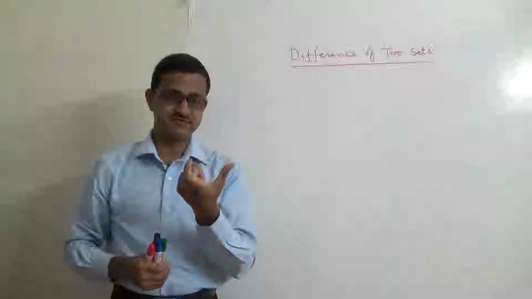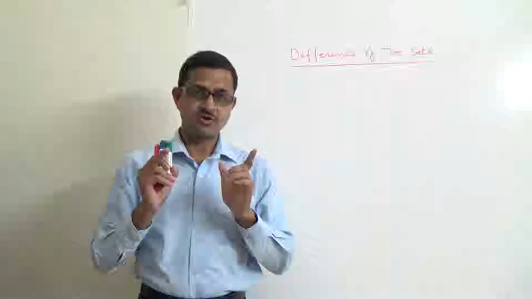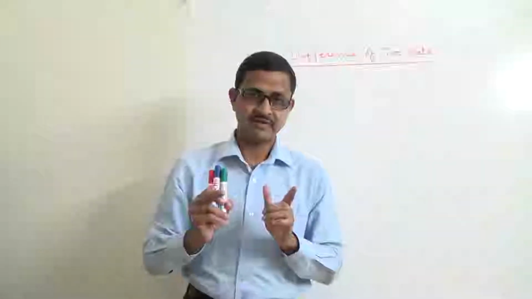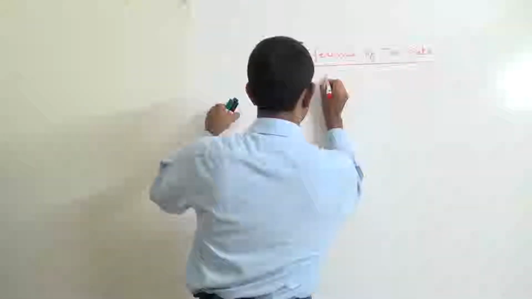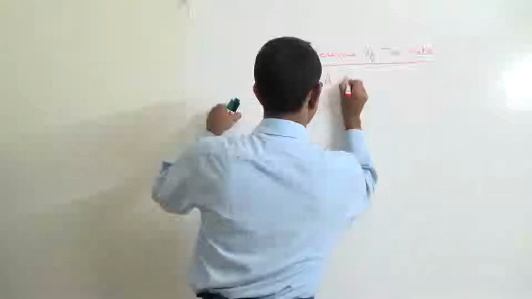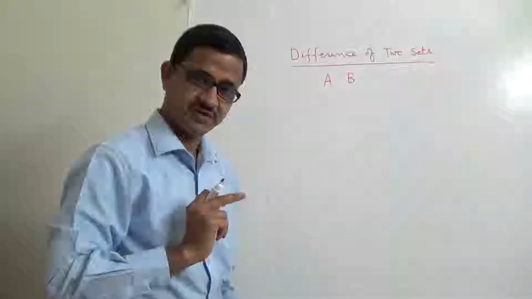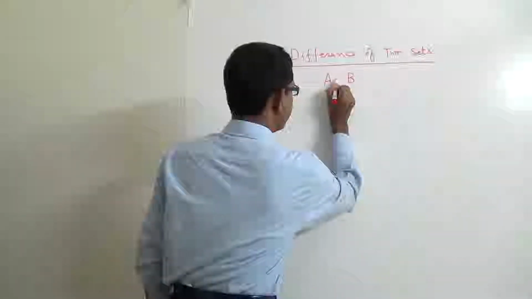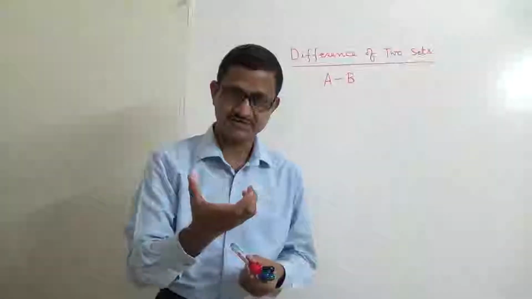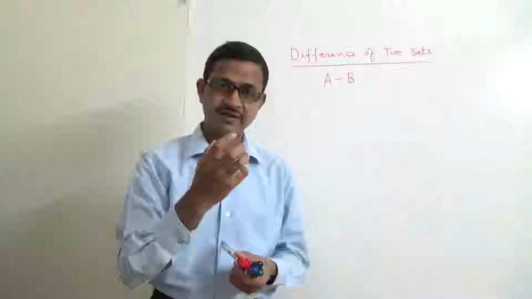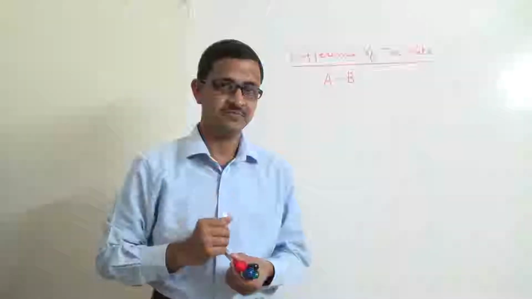It is the difference, that is also an operation. Let's look at it by means of a Venn diagram. Suppose I have two sets A and B. The difference of these two sets is denoted by A minus B. A minus B is a set. It contains the elements of A which are not present in B.